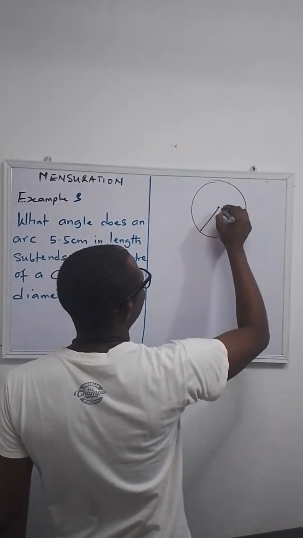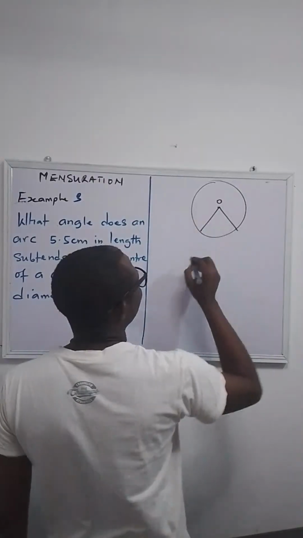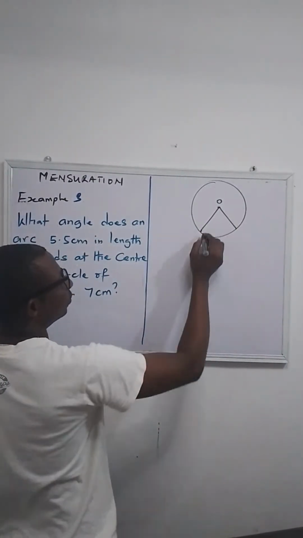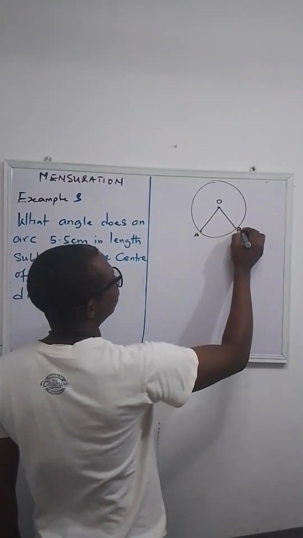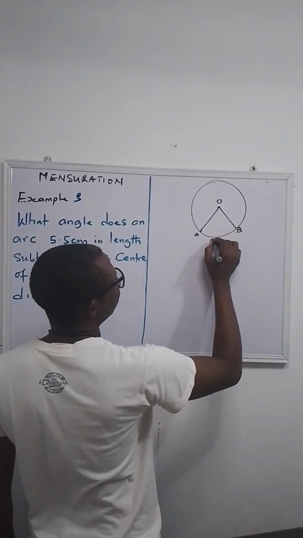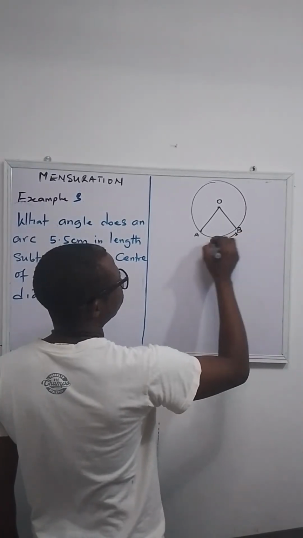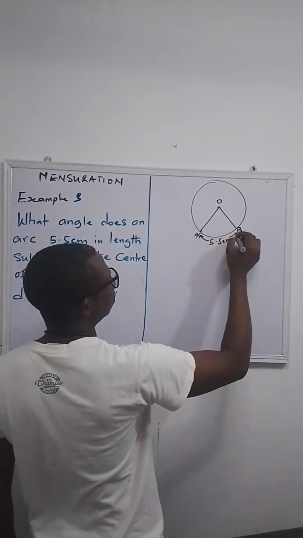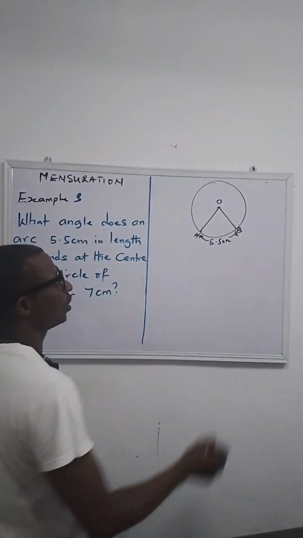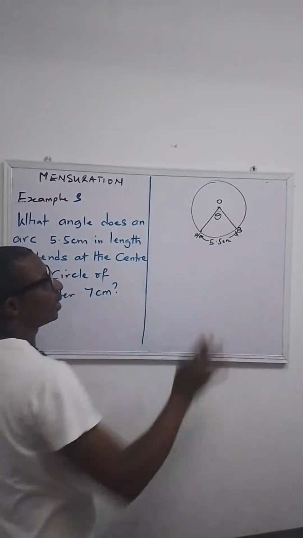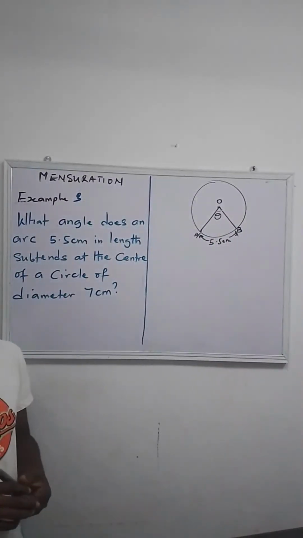Now this is the center, O. So now the length of this arc is given to be 5.5 centimeter. So now the question is, what is the angle subtended by this arc AB at the center of the circle?